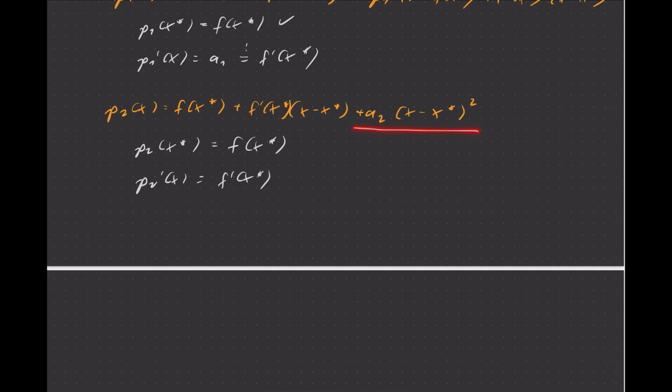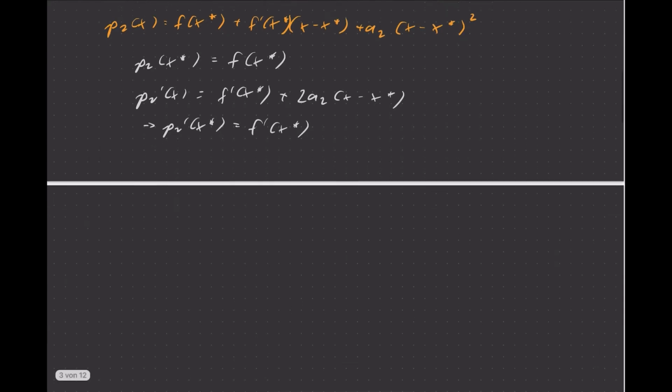And for that term, we'll get 2a2 times x minus x star. So that means at the point x star, this second part will again vanish, and we're left with f prime of x star. And again, that is the point of this centering technique here, right? So we can reuse what we already know. So that's what we had already.